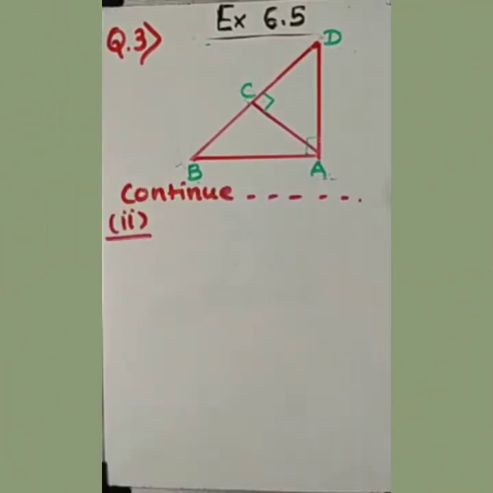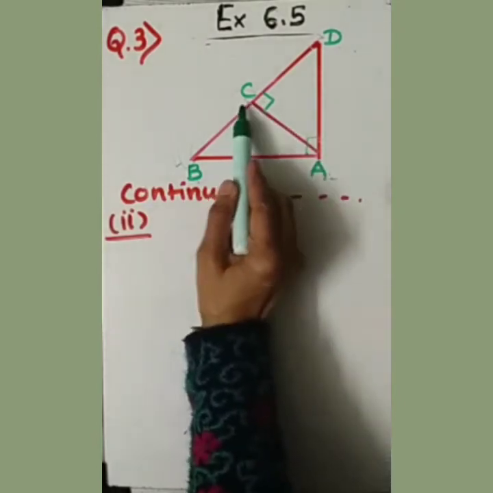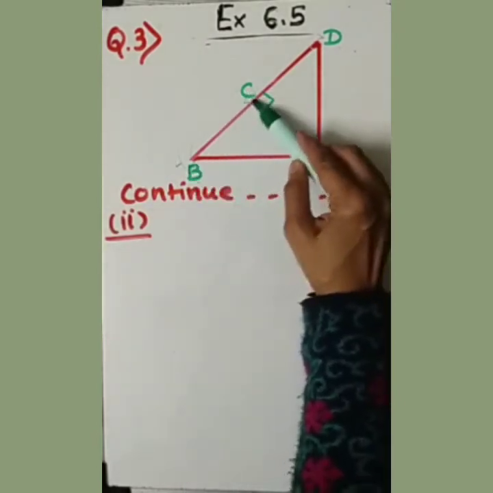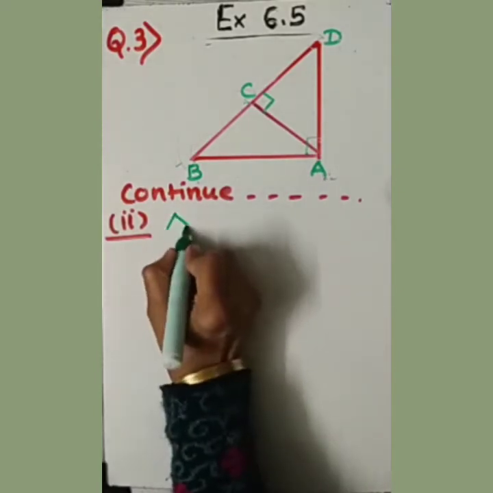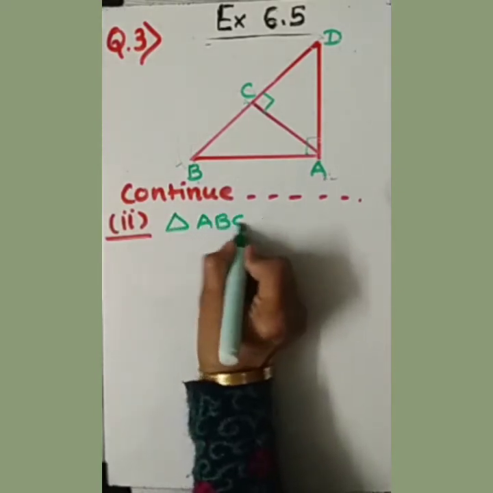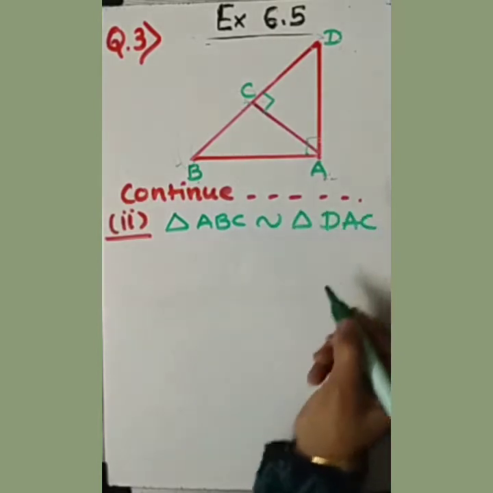Now question number 3 in continuation. Second part, we need to prove that AC square equal to BC into DC. For that, we know triangle ABC is similar to triangle DAC. This is already with us.